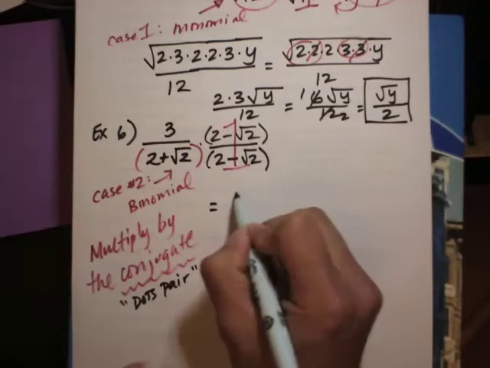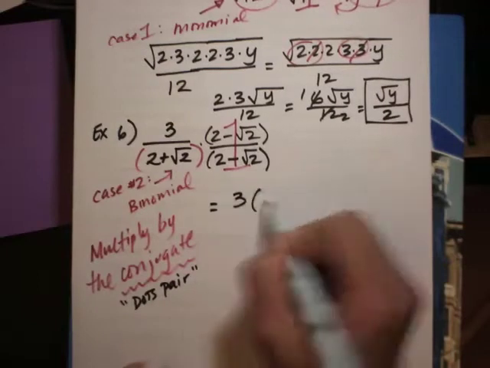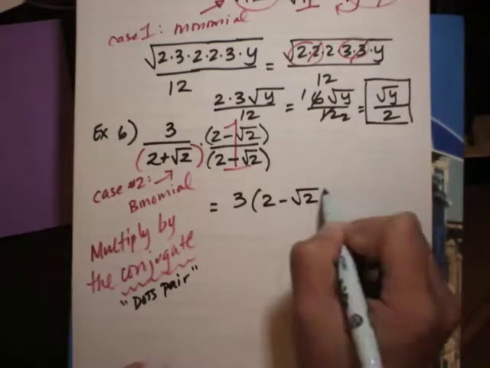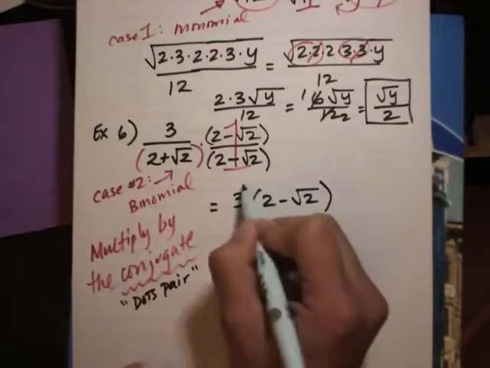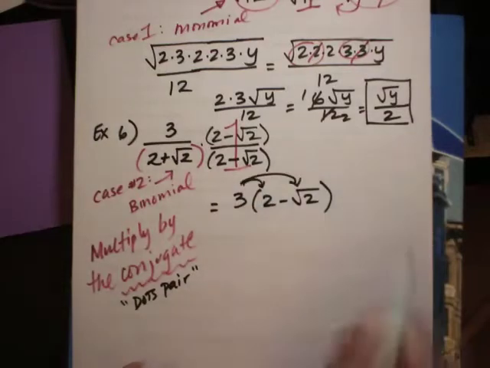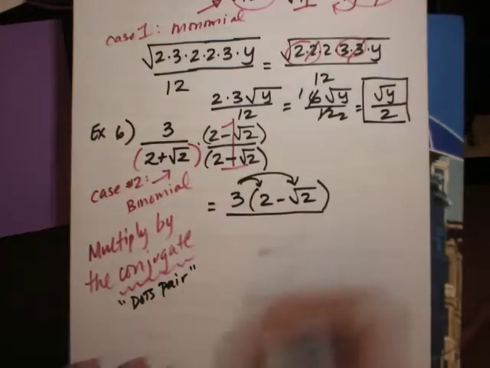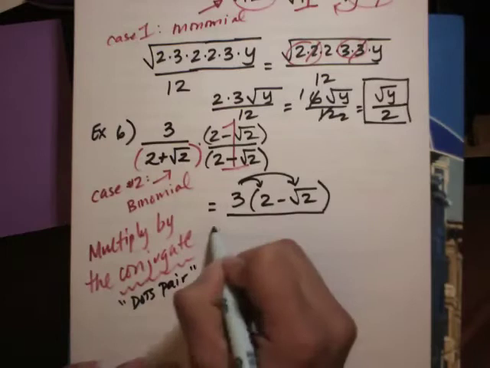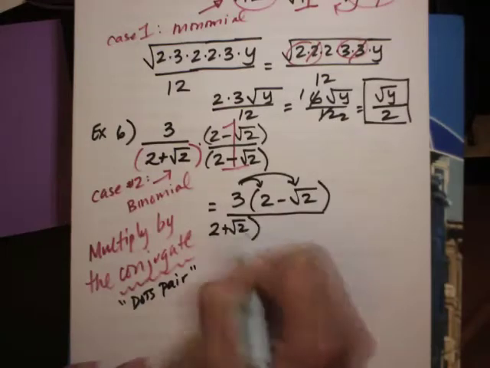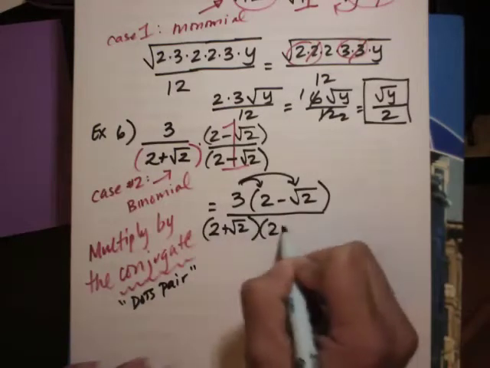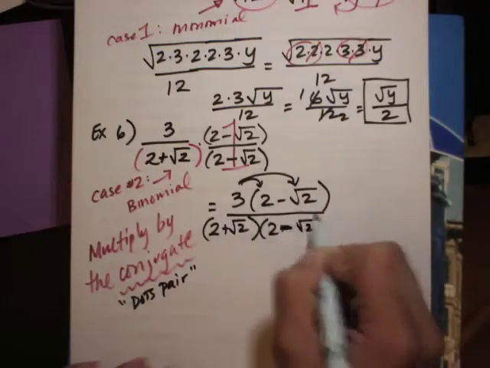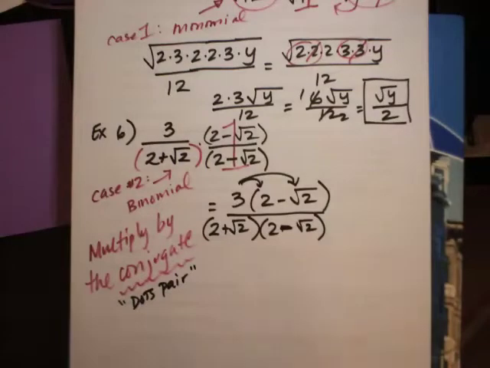In the numerator, we can just multiply straight across. And this is, of course, a binomial, so we'll need to distribute this value. In the denominator, what we have is 2 plus the square root of 2 times 2 minus square root of 2. So we'll need to FOIL this piece.